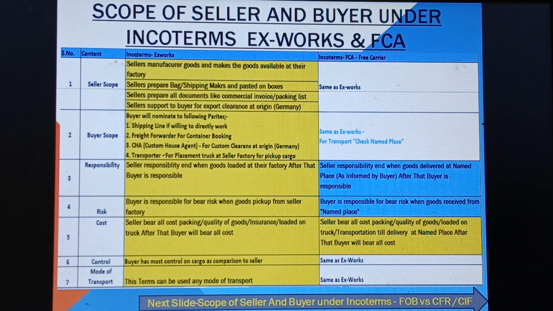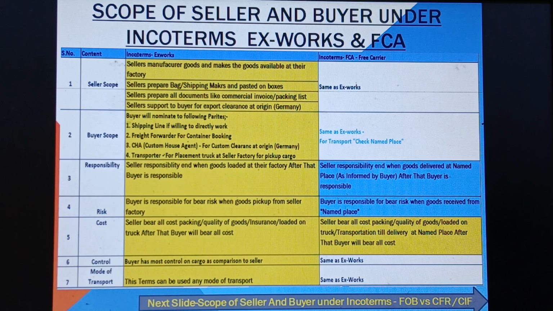And the buyer scope: based on Incoterms, what is your scope? This is the buyer scope. The buyer will nominate the following parties. Buyer ABC Delhi. So if I contract Exworks, then what is our responsibility? If I am directly coordinating with the shipping line, then I will nominate as a buyer because I am the importer.